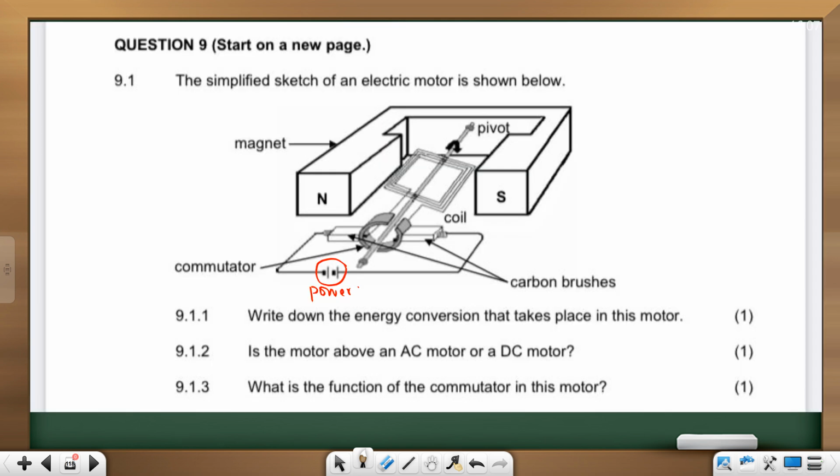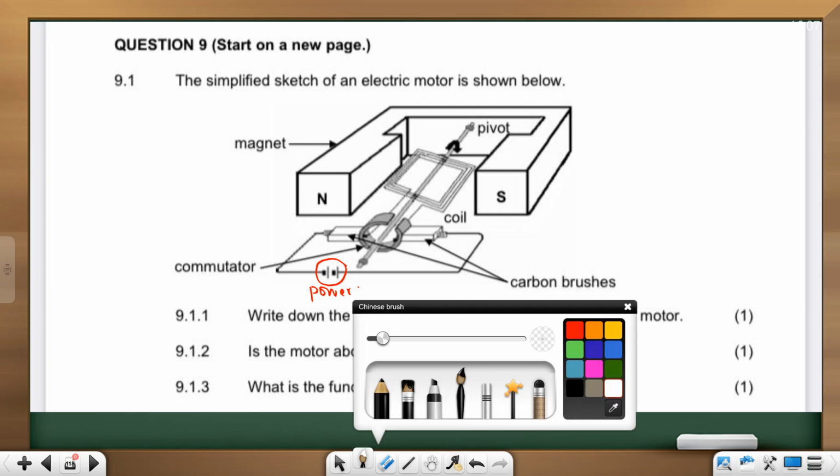Yeah. Okay, let's answer. Write down the energy conversion that takes place in this motor. It's a motor. That has been answered already. A motor would convert what? Electrical to mechanical. We're done. Is the above AC or DC? Commutator. So what's the answer? It's a DC.